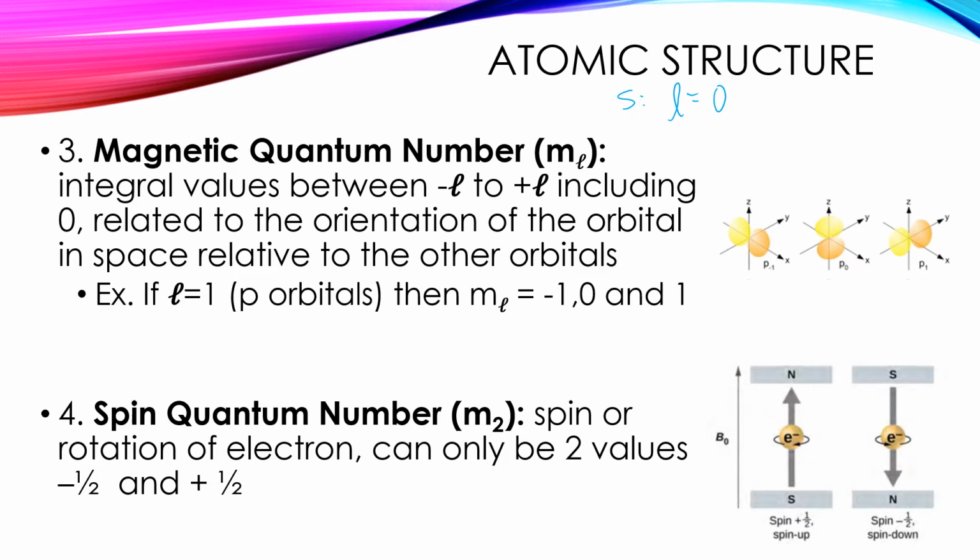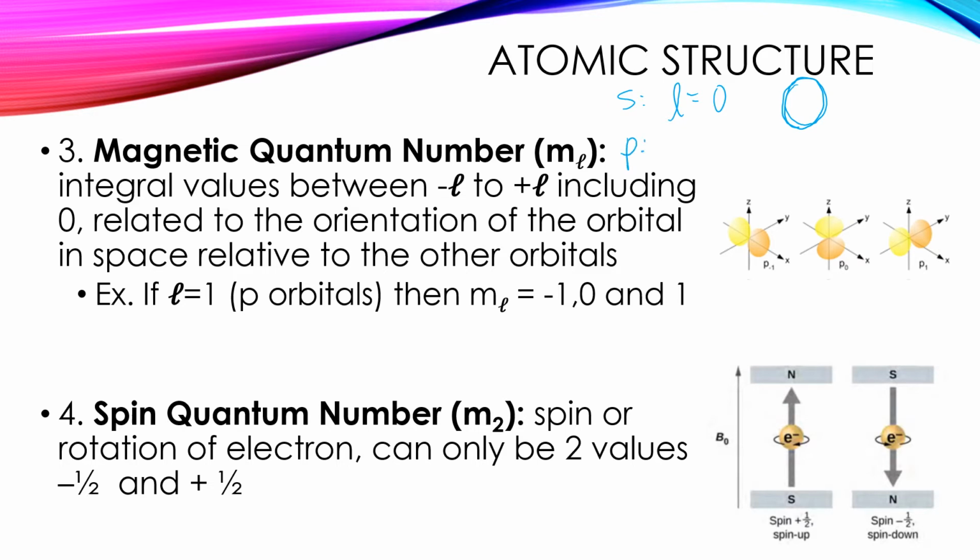Well, you can't have negative 0 or positive 0. So for an S orbital, we only have one orientation. That makes sense because an S orbital is a sphere, so there's really only one way to orient a sphere. And so there is only one M sub L number for an S orbital, and that is 0.